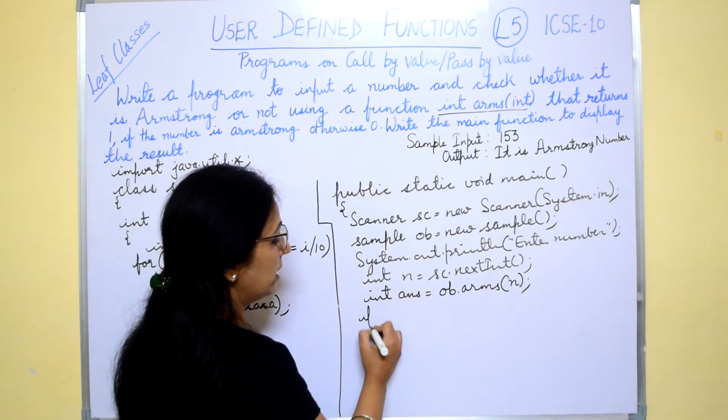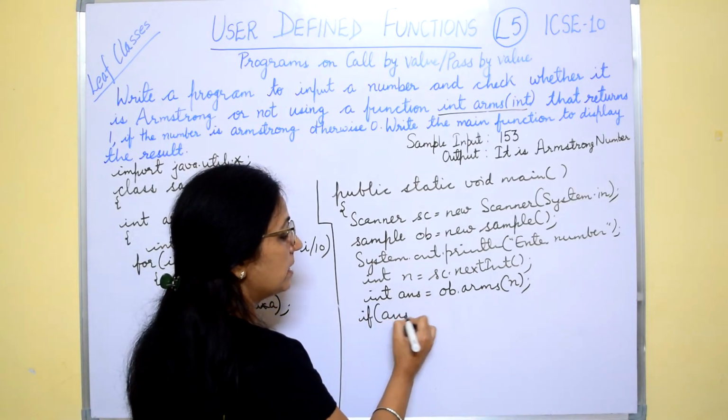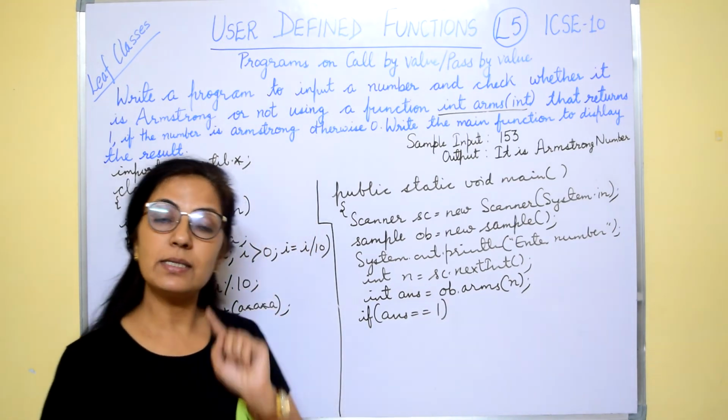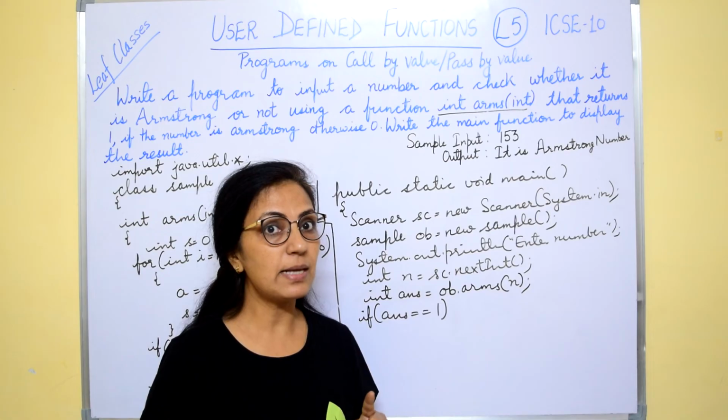Now here we will check if ans is equal to 1, in which case it is returning 1 when the number is Armstrong.